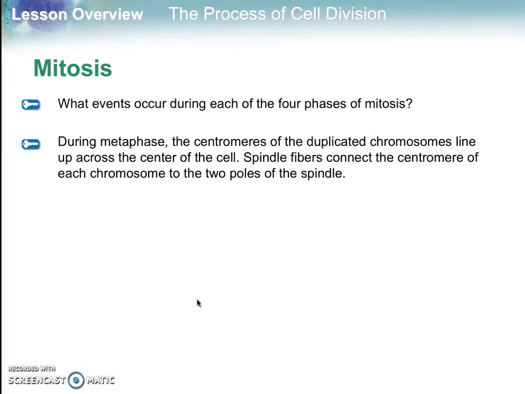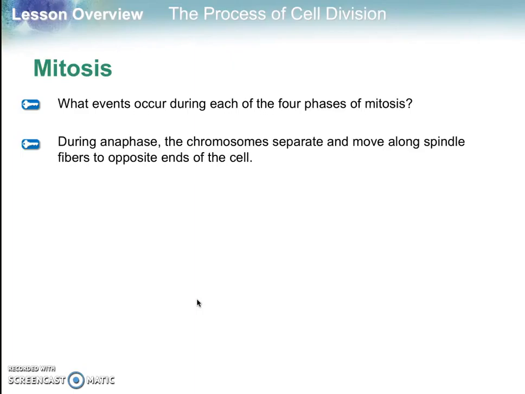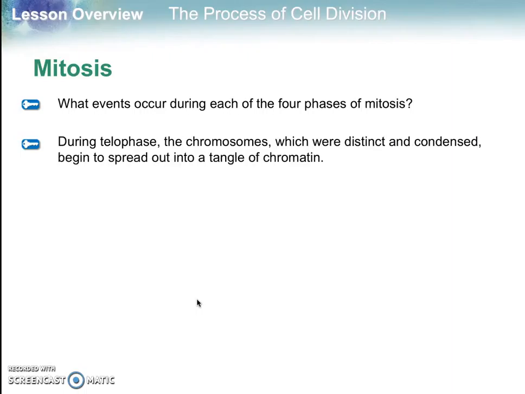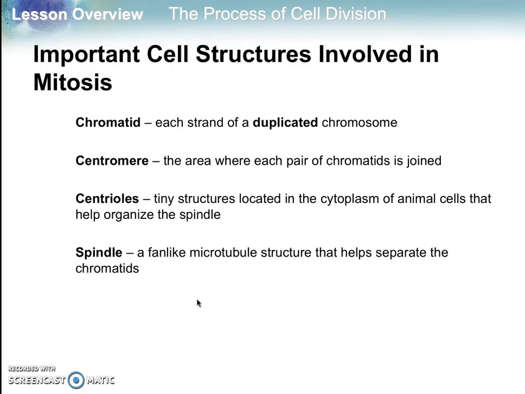The spindle fibers connect the centromere of each chromosome to the two poles of the spindle. During anaphase, the chromosomes separate and move along spindle fibers to opposite ends of the cell. And during telophase, the chromosomes, which are distinct and condensed, begin to spread out into a tangle of chromatin.